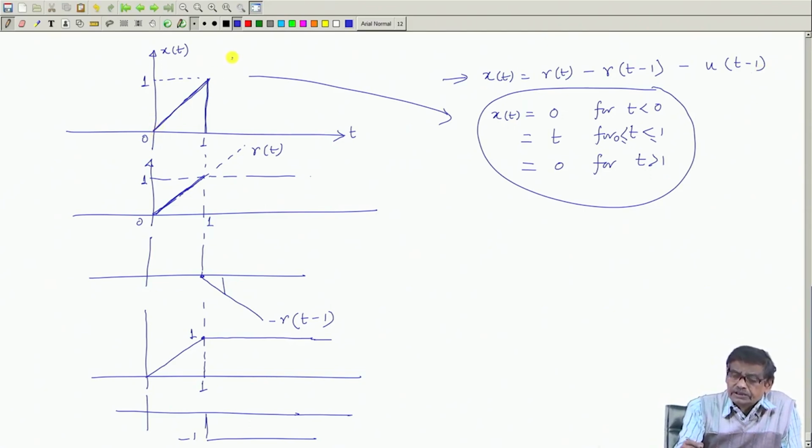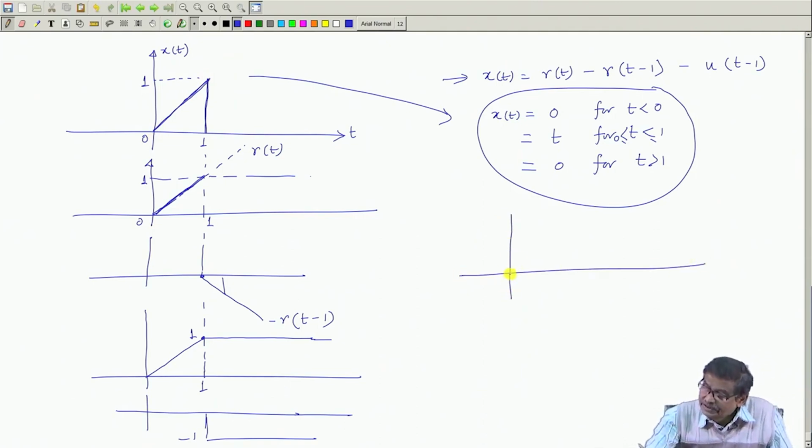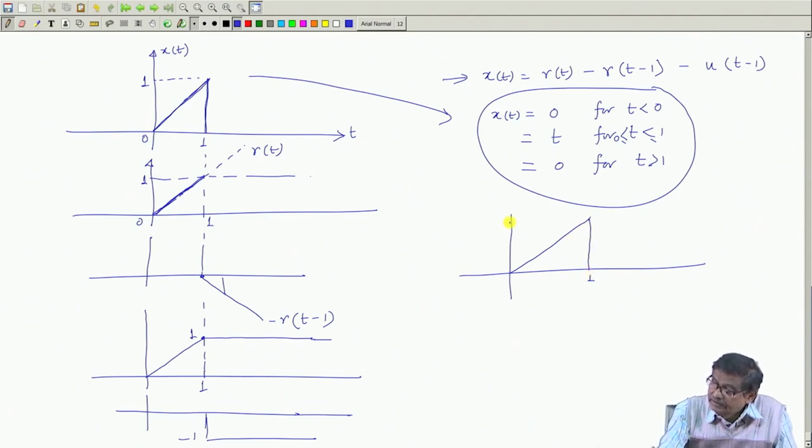Similarly, it is easy to see this. Another way of looking at it is this is the ramp function. It is certainly the ramp pulse 1. This is the original function, same problem I am doing. This is 1. It is a ramp.